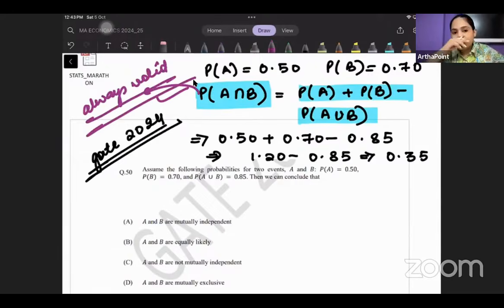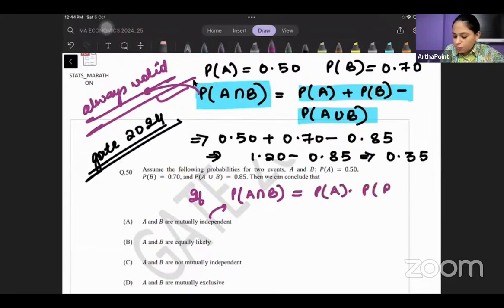And from this formula, you are getting this to be 0.35. Now, if they are independent, then probability A intersection B will be probability of A into probability of B. So it will be 0.50 into 0.70. This is giving me 0.35.